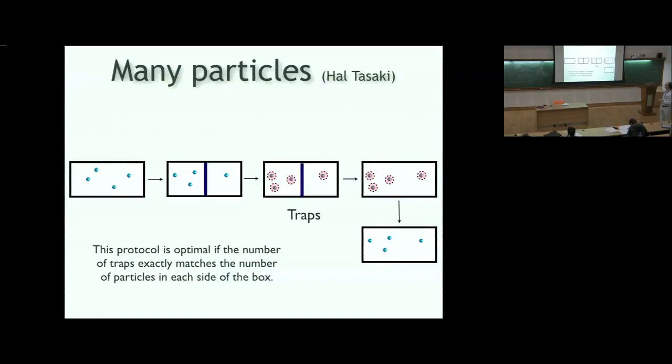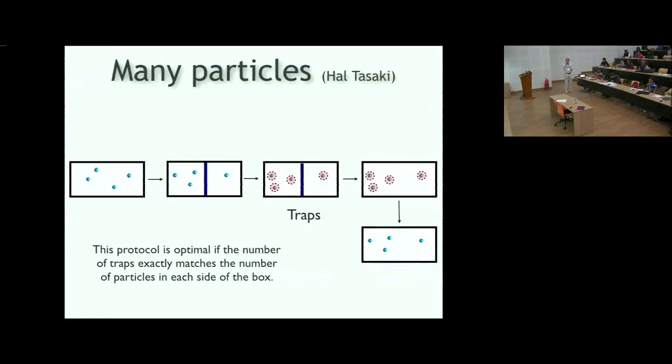And also here you can ask, well, when you do this protocol, you create traps, you remove the piston and you remove the traps. Creating traps and removing traps looks reversible. I mean, you get some work when you create the trap, and you have to put some work when you remove the trap. So it looks like what you gain here, you put it here again, no?